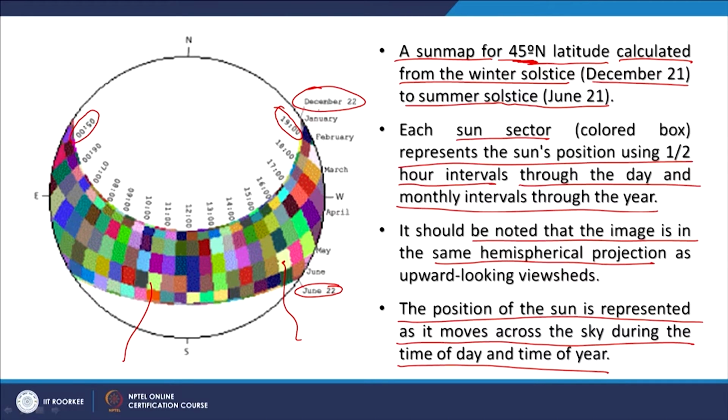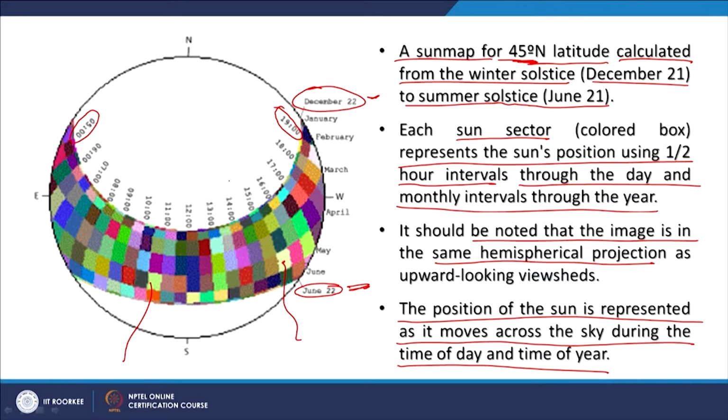So you get both the information: how things will change within a year, and how things will change throughout the day. If I take an example, it is given here.